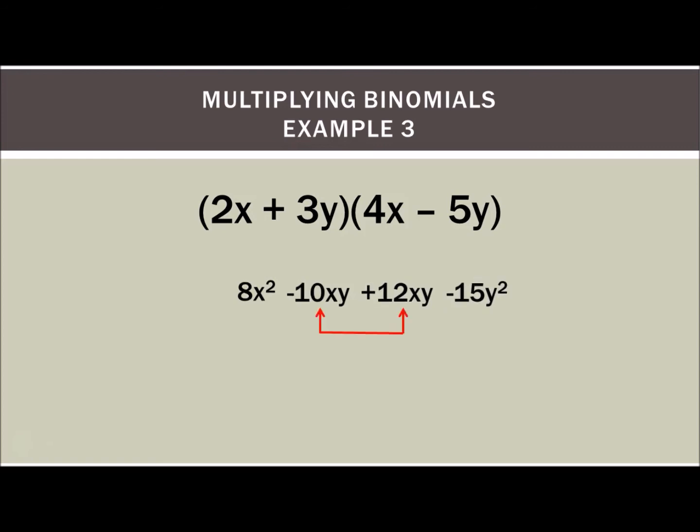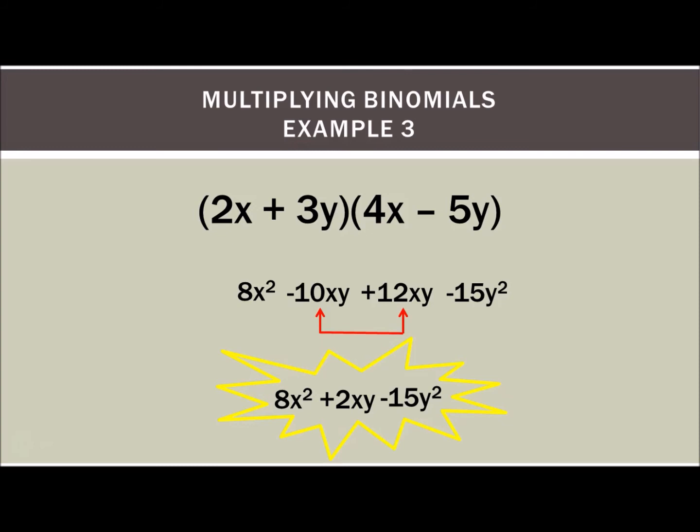So right here, we can actually combine like terms by adding negative 10 and 12 together. So that will give us positive 2xy. And so if we bring the 8x squared and negative 15y squared down, our final answer will be 8x squared plus 2xy minus 15y squared.